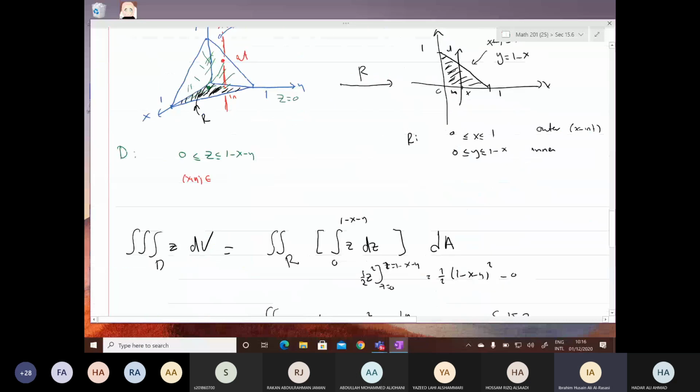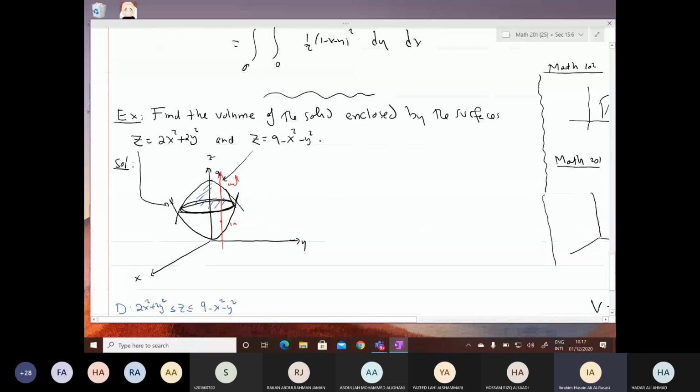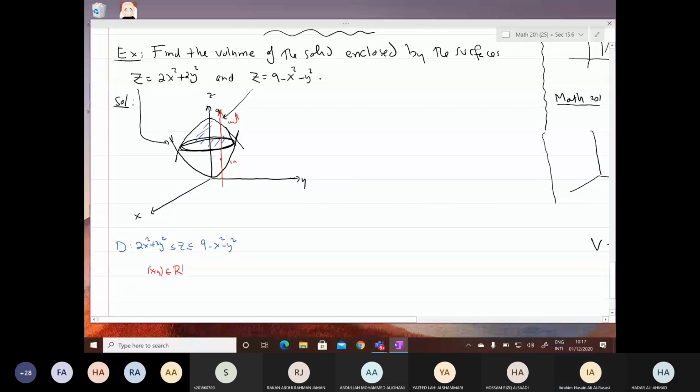You do it in the following way. To find the region R, find the intersection between the two surfaces. How do you find the intersection between the two surfaces? Equate them. You equate z with z. So you say z equals z, and this implies that 2x squared plus 2y squared equals 9 minus x squared minus y squared.